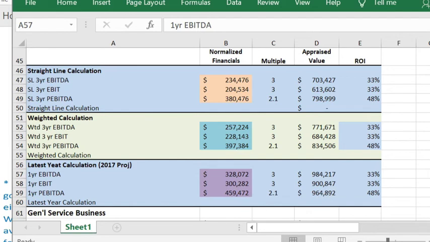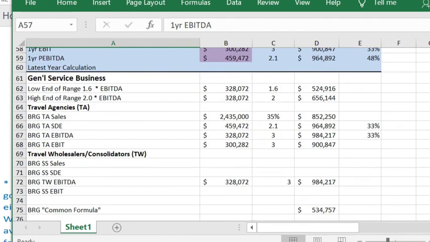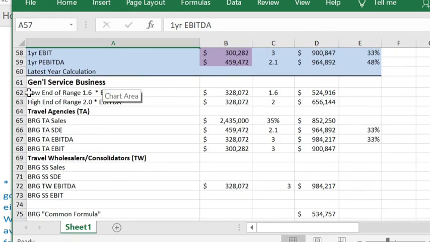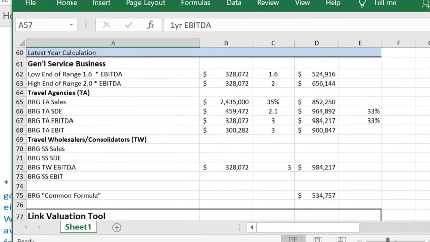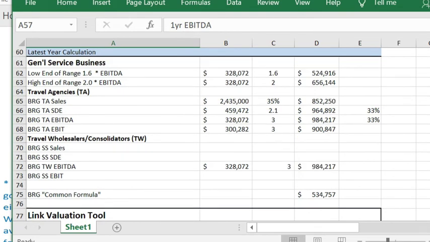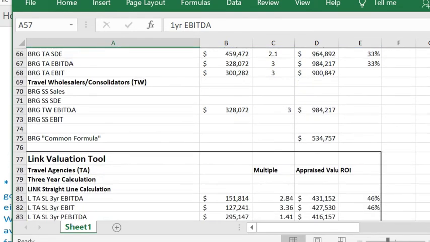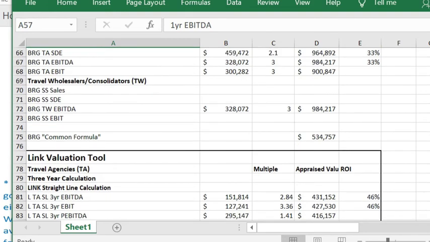of 964,000. So a range of different variables, and he's taken it a step further, looking at the same type of calculations with a general service business, travel agency, travel wholesaler. So you'll get the idea in a second as to what he did with all these possible scenarios and all these different ways of valuing a business. So that was based on his business reference guide.